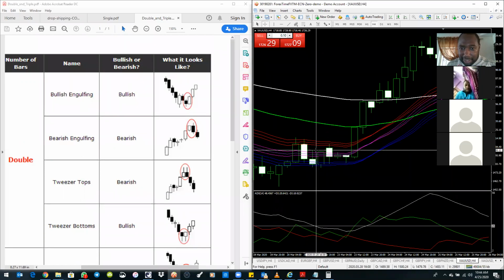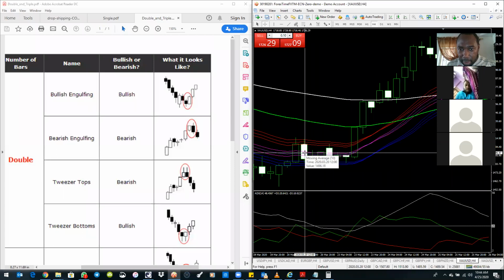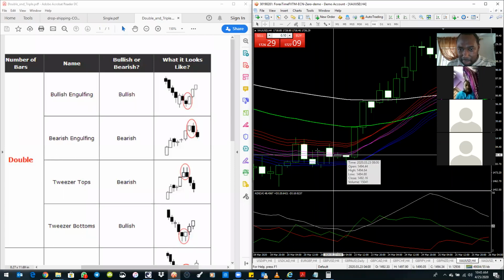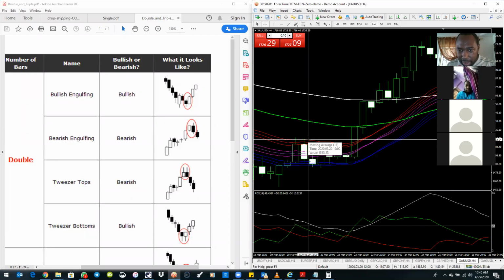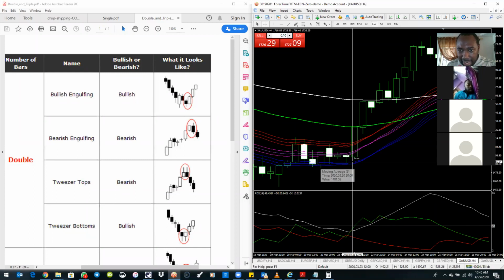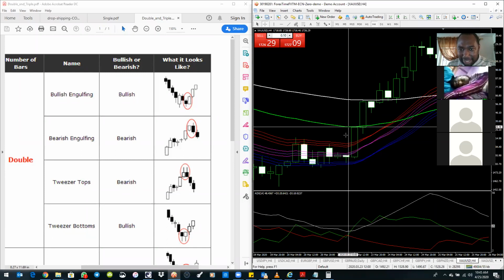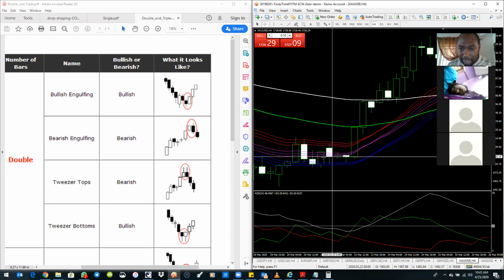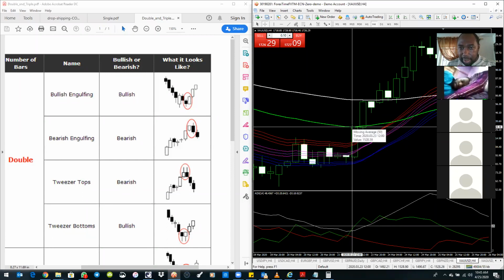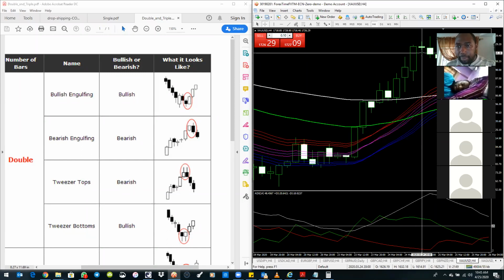You can see the last 1, 2, 3, 4, 5, 6 candles were pretty much trading within the same range, between this upper limit and this lower limit. And then this candle breaks out and takes out all the other candles before it. And you can see from there on, the market went bullish. That's a bullish engulfing candle.